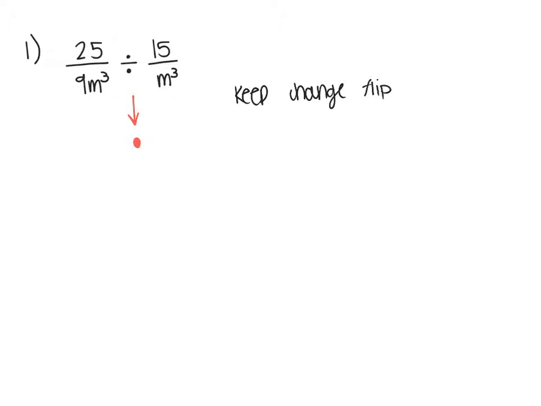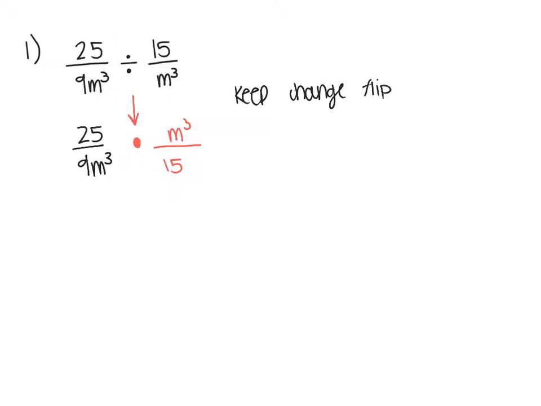Keep the first, so 25 over 9m cubed, that doesn't change. I change the sign to multiplication, and I flip the second fraction. Now it looks just like the multiplication. This is the only step that's different between division and multiplication.